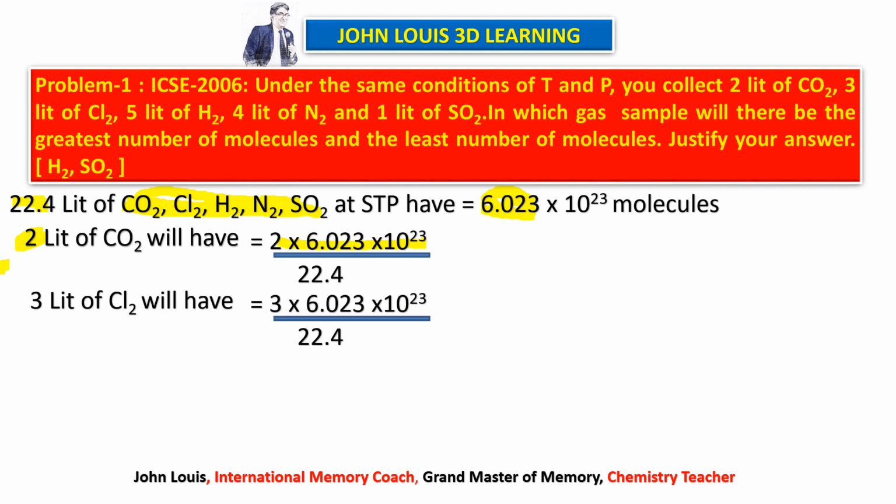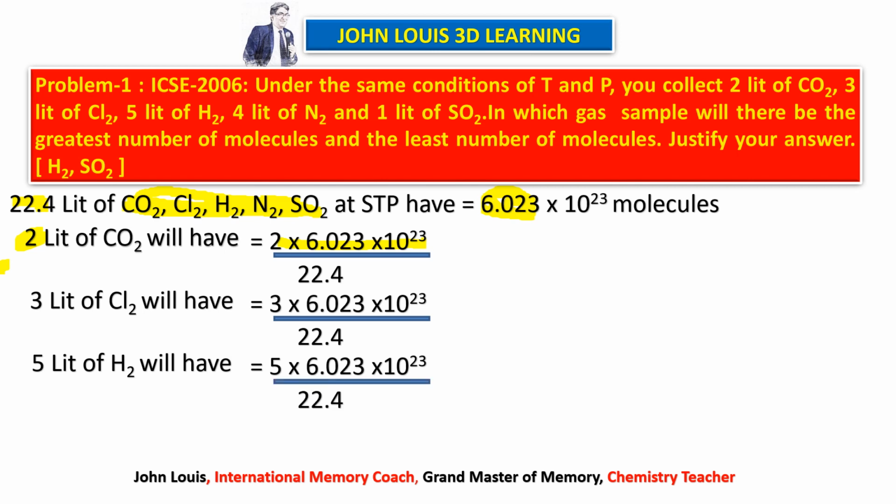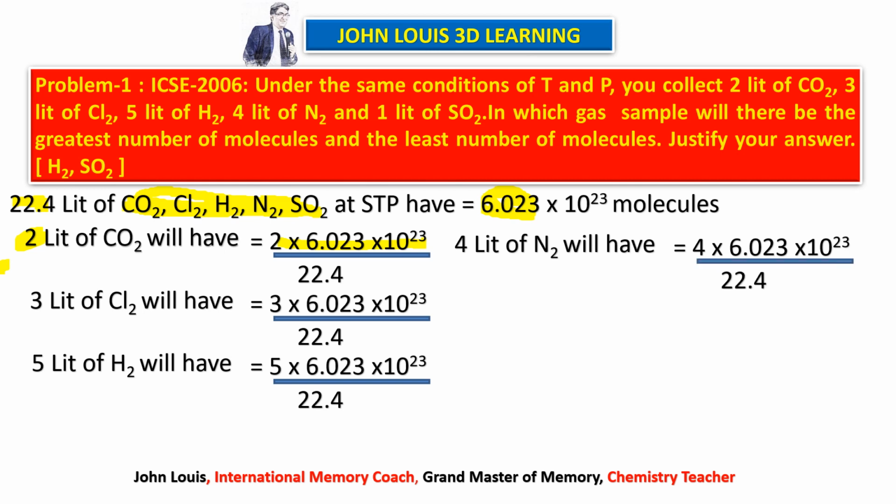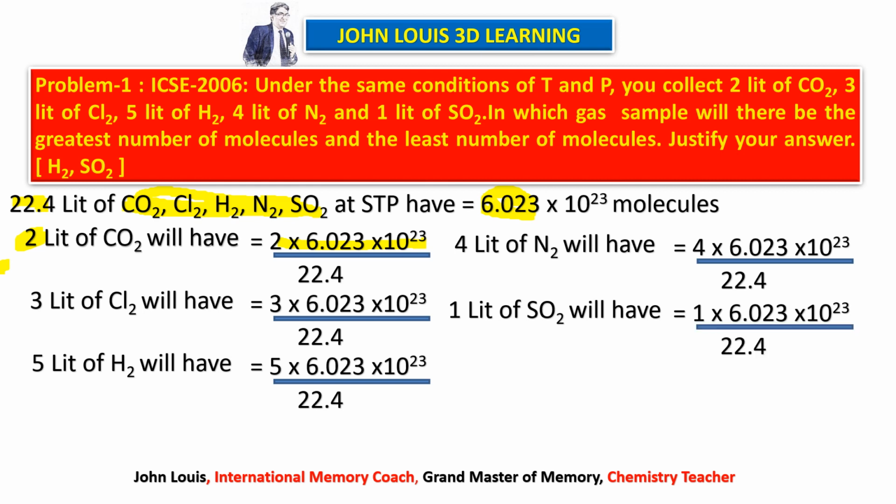What is the next one? 3 liters of chlorine will have 3 into 6.023 into 10 to the power 23 divided by 22.4. 5 liters of hydrogen will have 5 into 6.023 into 10 to the power 23 divided by 22.4. 4 liters of nitrogen will have 4 into 6.023 into 10 to the power 23 divided by 22.4. And the last one, 1 liter of sulfur dioxide will have 1 into 6.023 into 10 to the power 23 divided by 22.4.